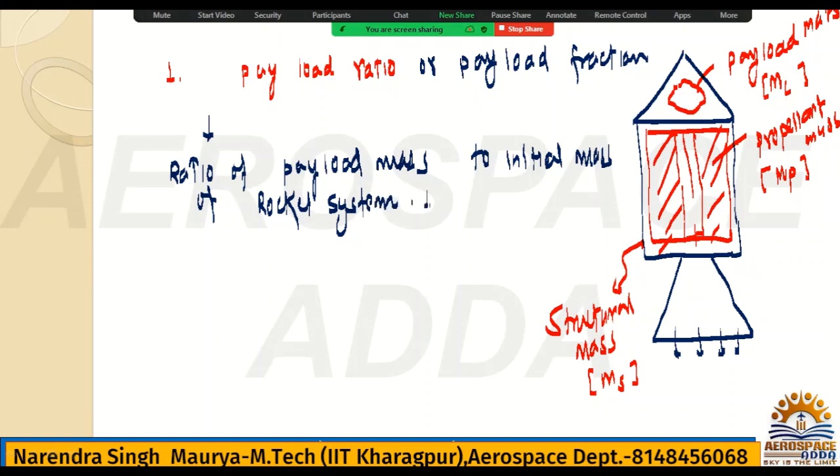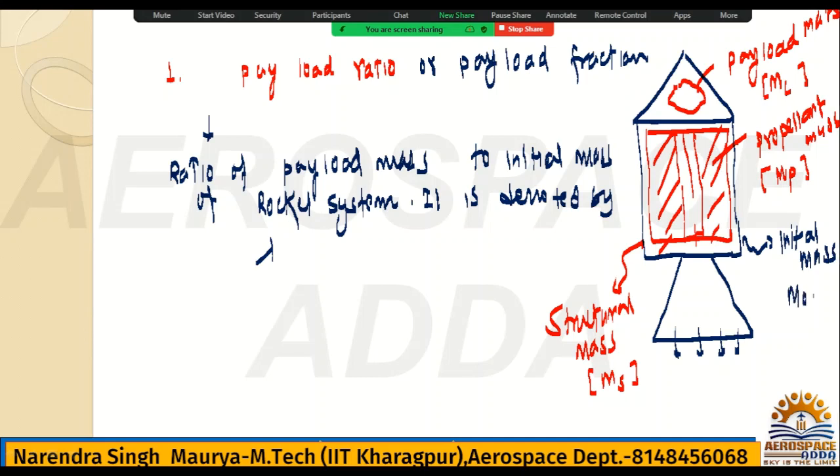It is denoted by lambda, and the whole rocket system is called the initial mass, denoted by m naught. So lambda is the ratio of payload mass, which is ml, divided by initial mass, which is m naught.